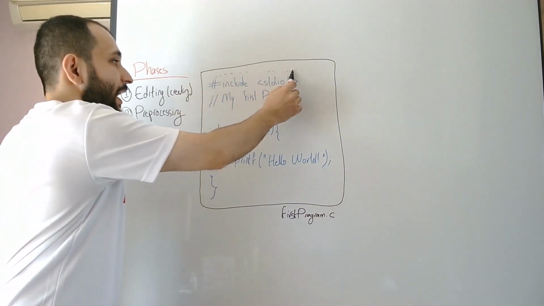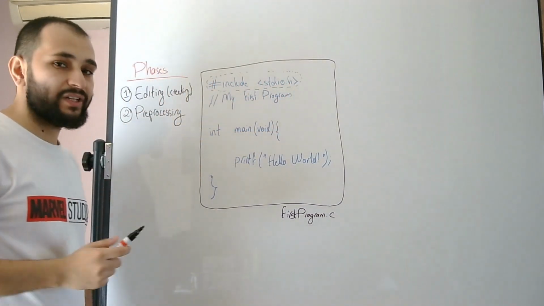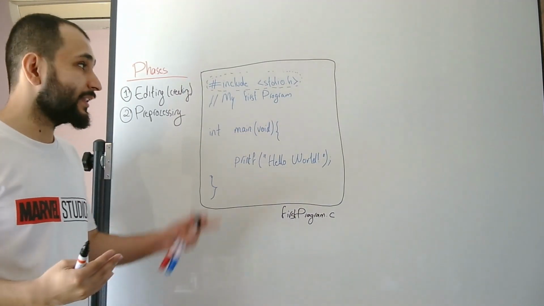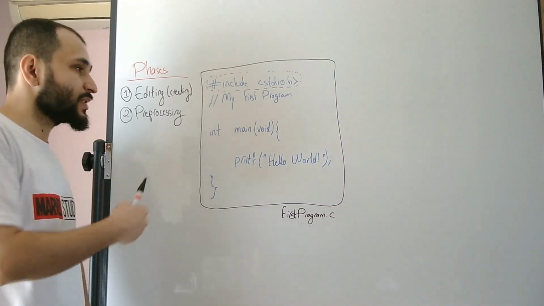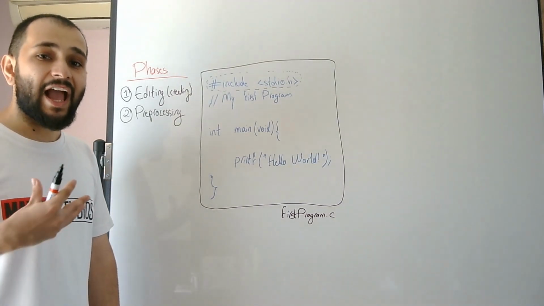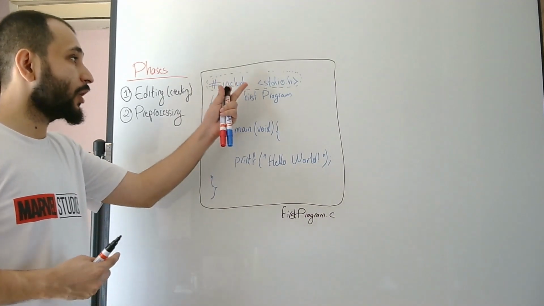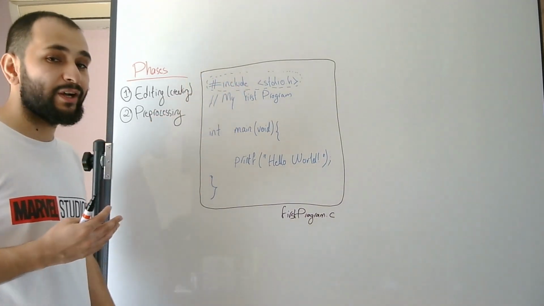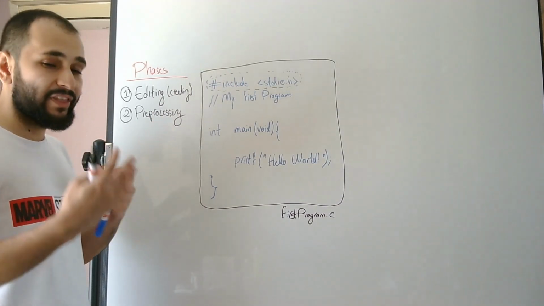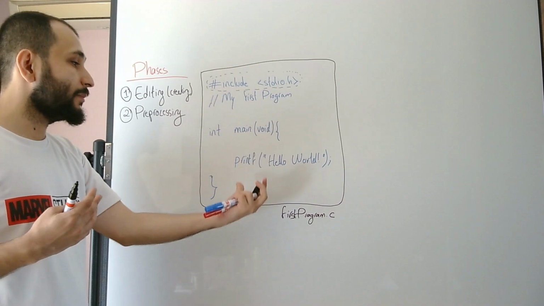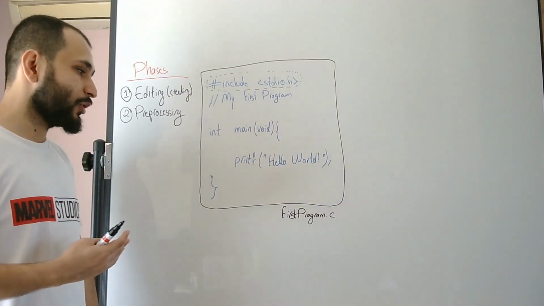So this hash include stdio.h was a preprocessor directive, and we said that these are directives or commands for the preprocessor to take some specific actions, and the preprocessor is going to do some things with this program before we go to the next phase, which is compiling the program.